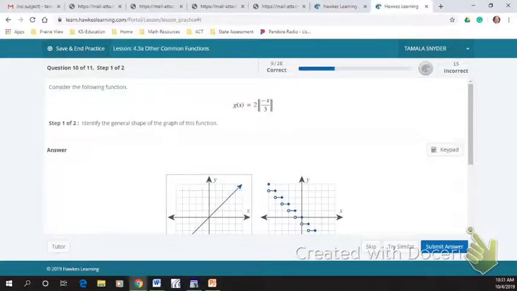Okay, now I've got a step function. So write this one down so we can practice with a step function a little bit.